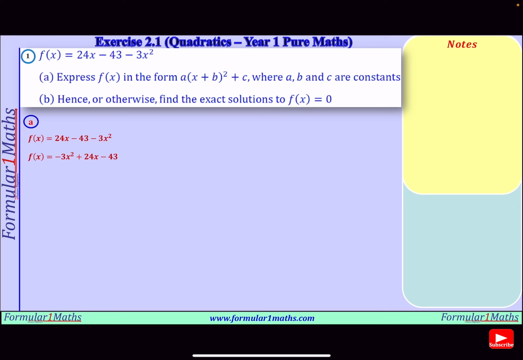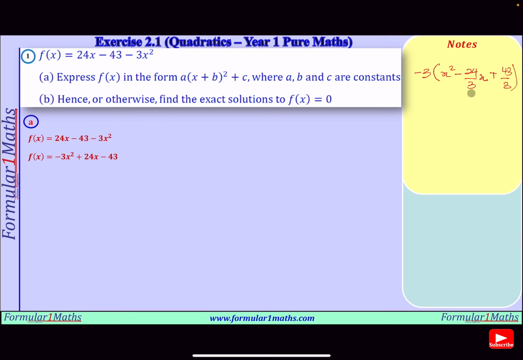If I do that, then I will get minus 3 out, brackets, x squared minus 24 over 3x, because minus 3 times minus 24 over 3 will give plus 24x. And then I'll have plus 43 over 3.